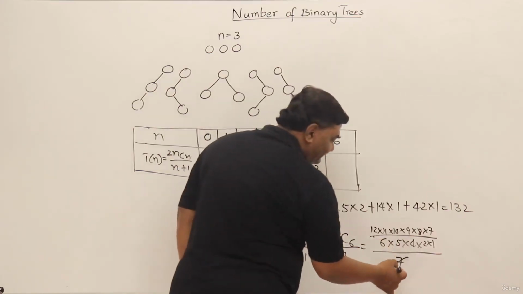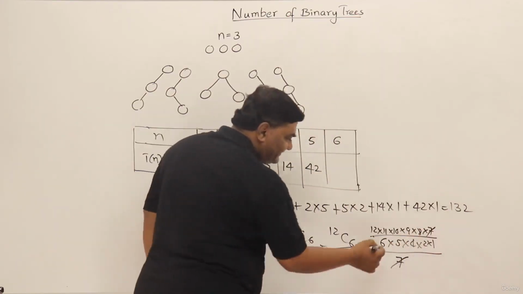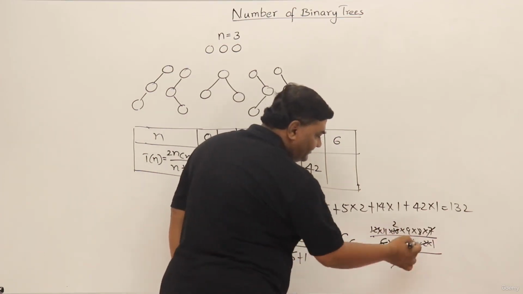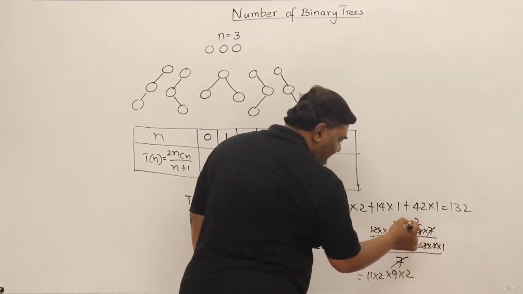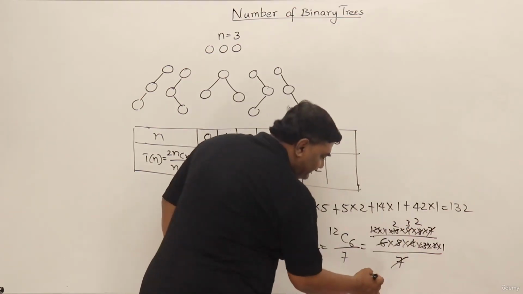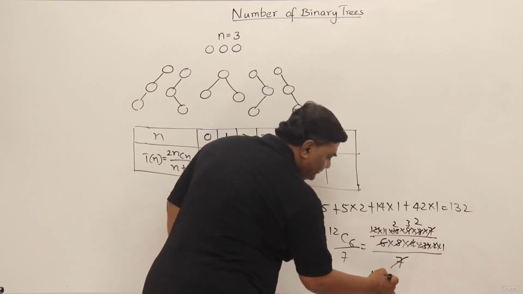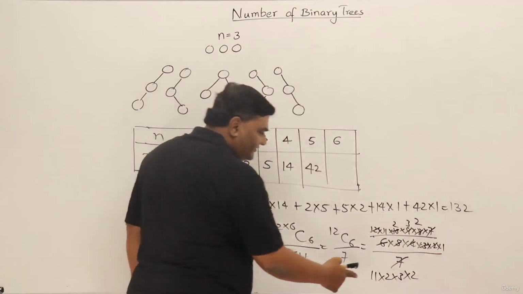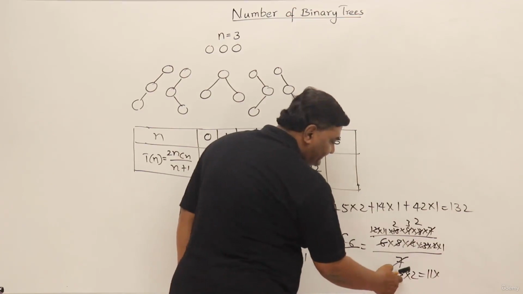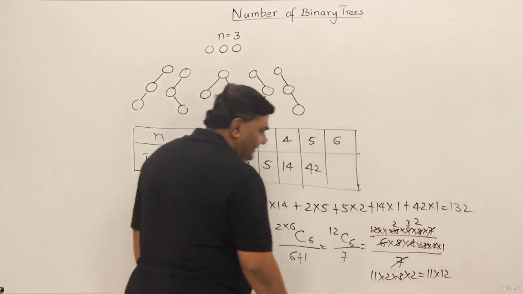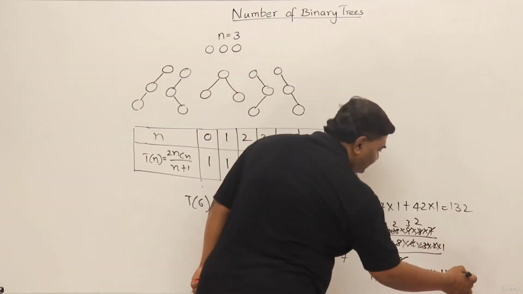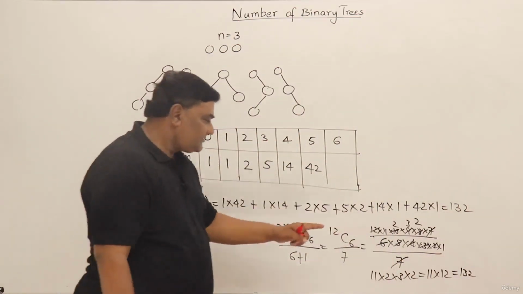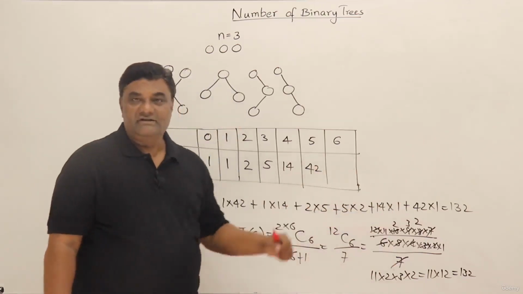Let us cancel these. 7 gets cancelled. 6 2s 12 gets cancelled. 5 2s 10. 4 2s 8. 3 3s 9. Remaining is 11 into 2 into 3 into 2. So this is 11 into 12, 132. So yes, we got the correct answer. By substituting in this formula also we got the correct answer.